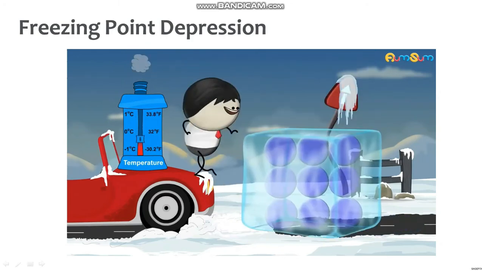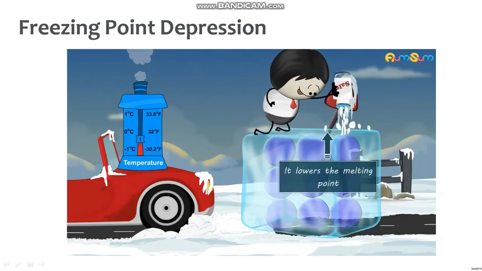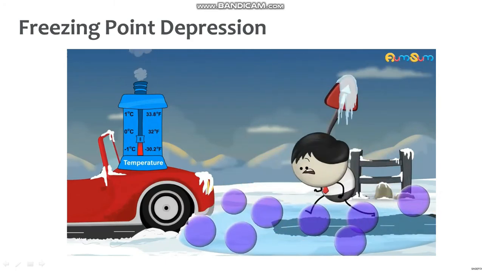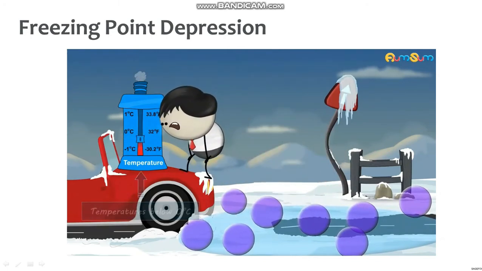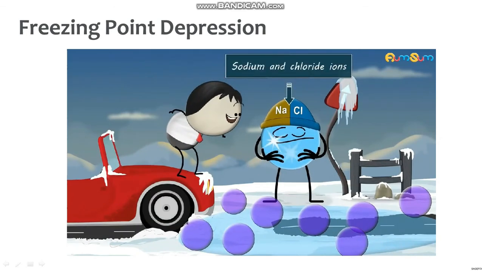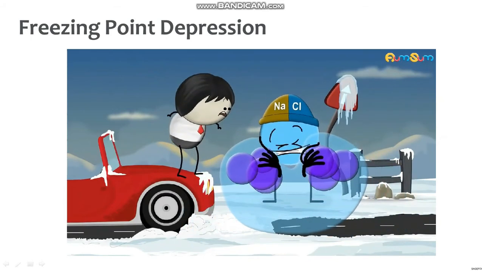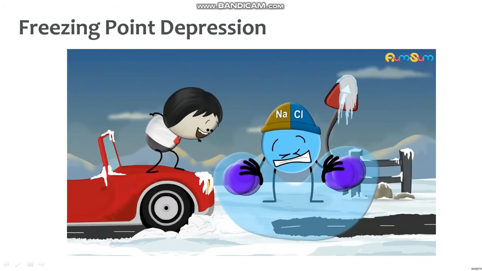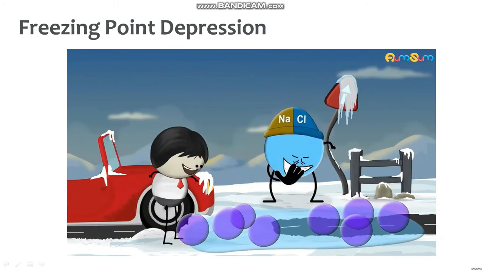Now, when we add salt or sodium chloride to ice, it lowers the melting point, causing solid ice to melt and form liquid even at temperatures below 0 degrees Celsius. Then, the salt dissociates in liquid water, forming sodium and chloride ions. These ions make it harder for liquid water molecules to bond together again and form ice. Hence, the melted ice does not refreeze and thus helps clear the roads.